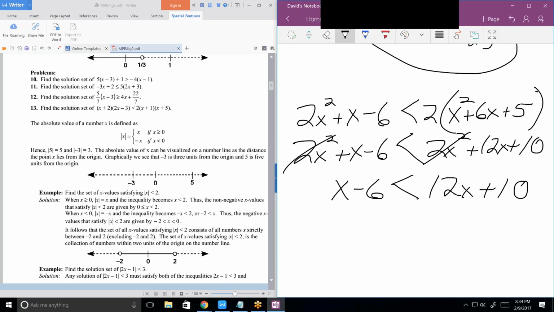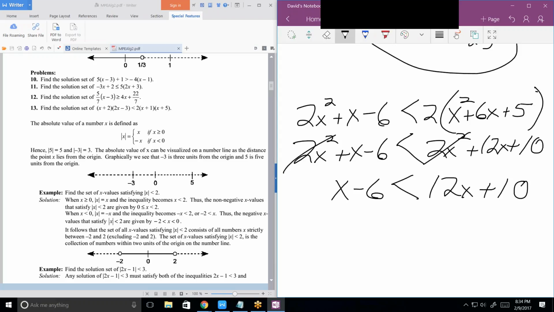Next line. It would be x minus 6 is less than 12x plus 10. So then you would, for this case only, move variables to the left, just for this problem only.